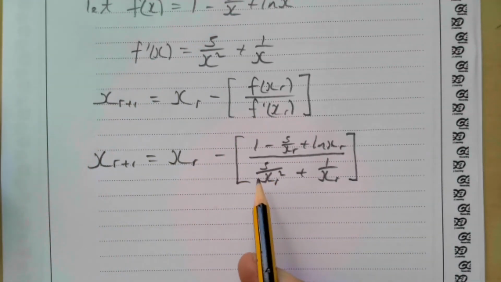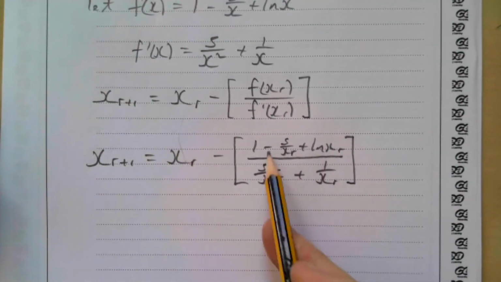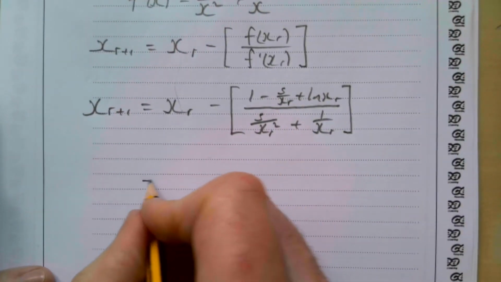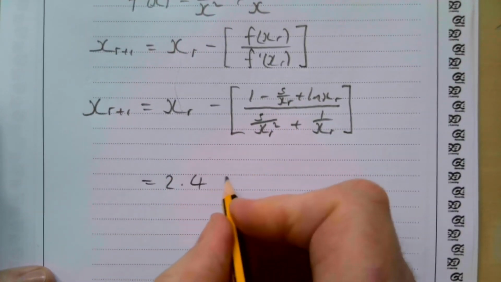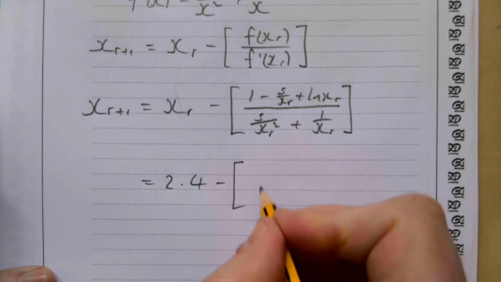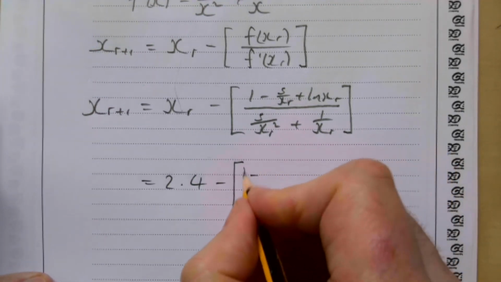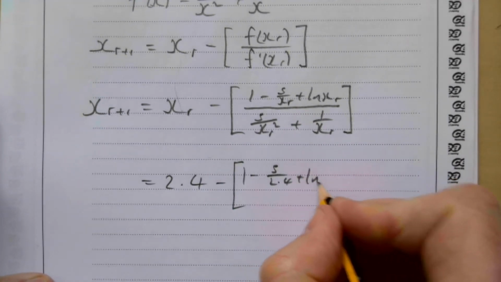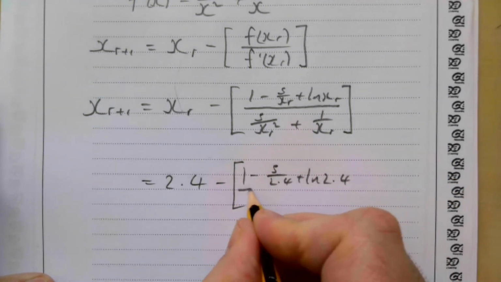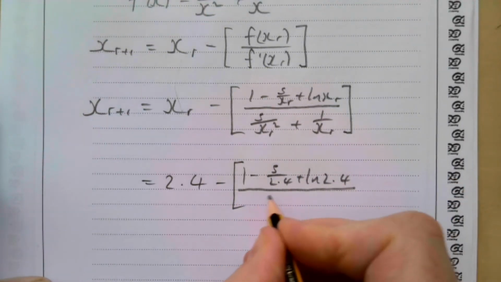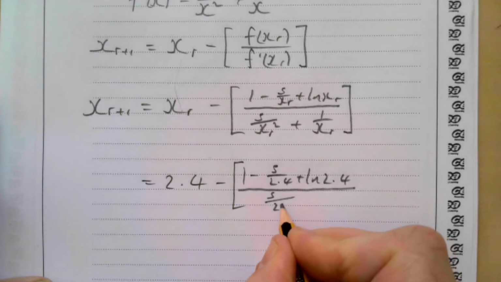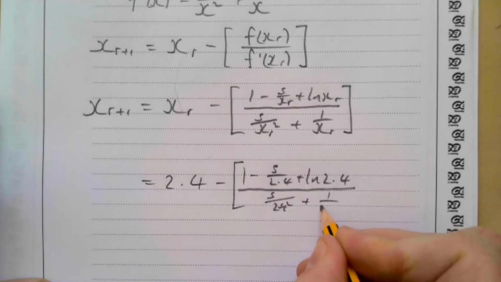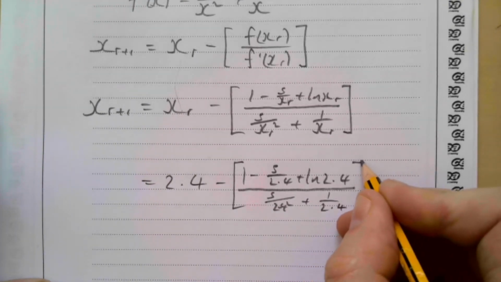We're starting with 2.4, so I'm going to substitute in 2.4 any time I see xr. So it's going to be 2.4 subtract 1 minus 5 over 2.4 plus ln 2.4, over 5 over 2.4 squared plus 1 over 2.4.